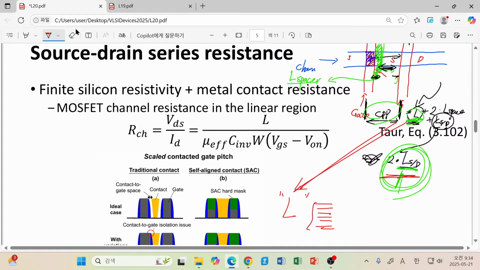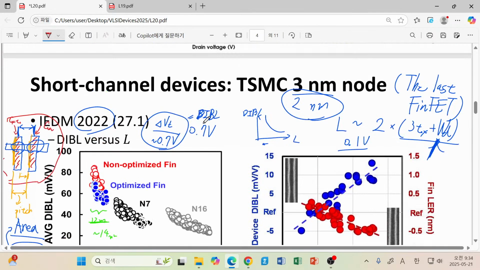But now we have to ask ourselves once again: there is no other way, the only way is to reduce the gate length. Then what can I do? So now we come back to the importance of our previous discussion. Short channel effect is controlled by the vertical thickness of our system. If this is not reduced severely, then we cannot reduce the length scale any further.